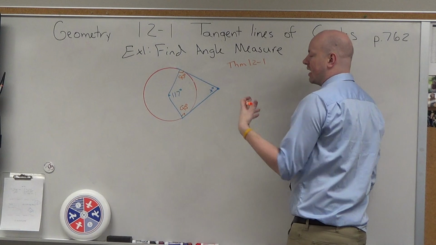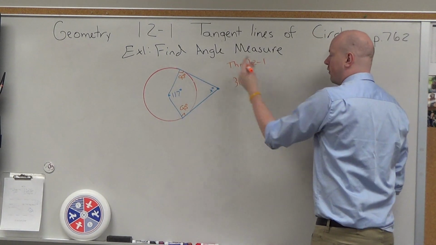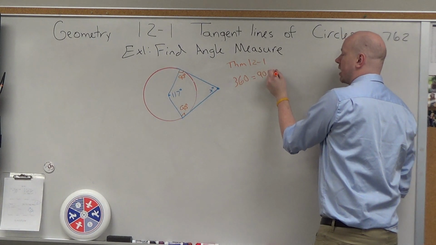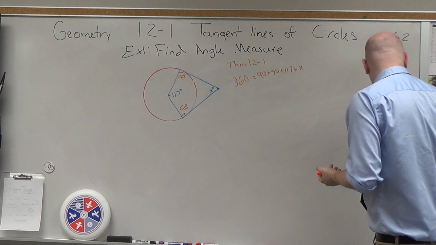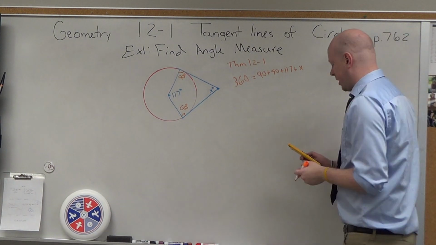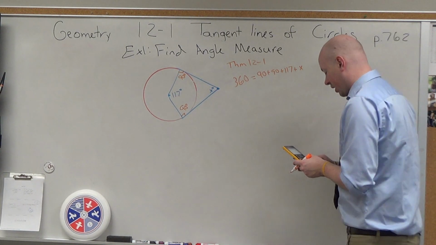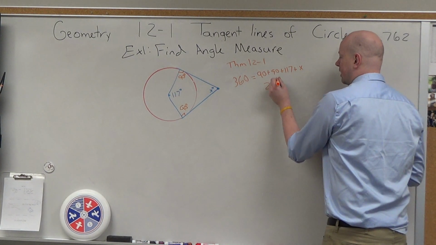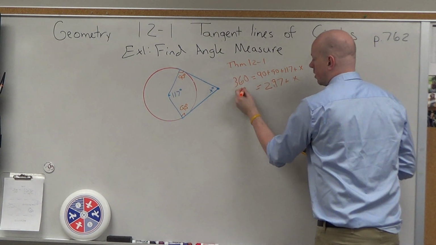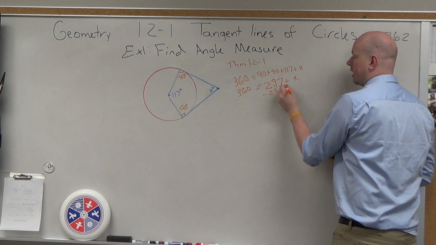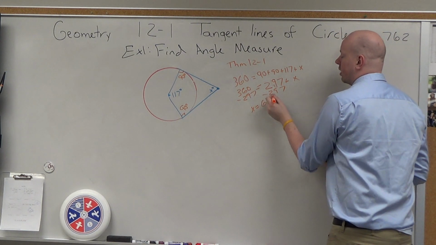So 360 has to equal all four of those interior angles, 90 plus 90 plus 117 plus x. So we can just add up all those together. Well, 90 plus 90 is 180, plus 117 is 297. So subtract 297 from both sides, and x equals 63 degrees.